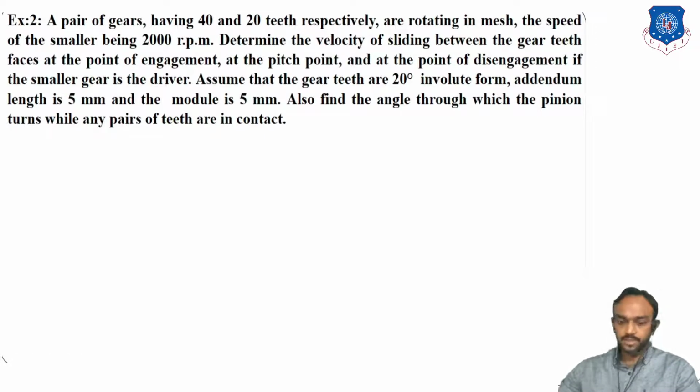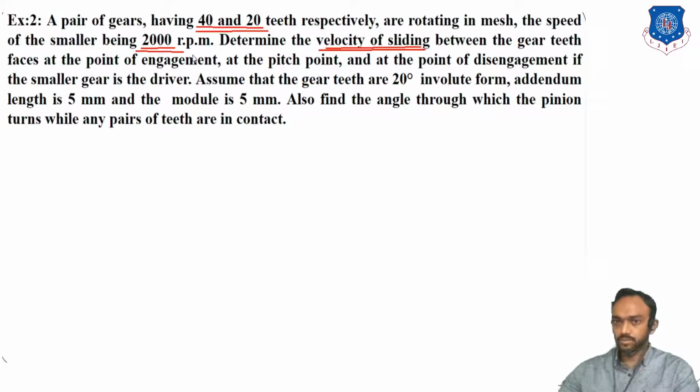Check this data. First of all, a pair of gears having 40 and 20 teeth respectively, rotating in mesh. The speed of the smaller pinion is 2000 rpm. Determine the velocity of sliding. What do we have to find?